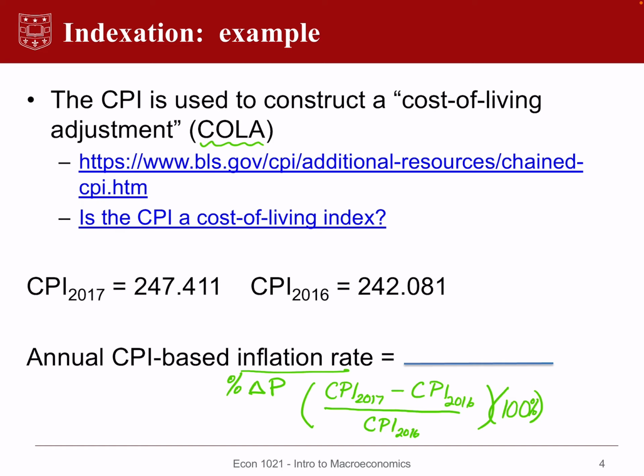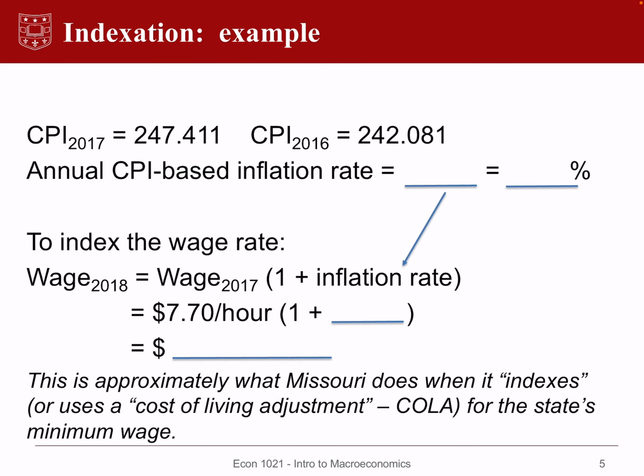And so if you did this, what you should have found is that the rate of inflation was 2.20%, or if you had just done this first part of the calculation, 247.411 minus 242.081, you divide that by 242.081, that's going to give us 0.022.